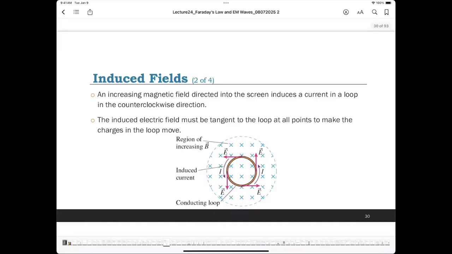The induced electric field must be tangent to the loop at all points to make the charges in the loop move, because at every point the charge should move this way, along the direction of the electric field. Does that make sense to you?